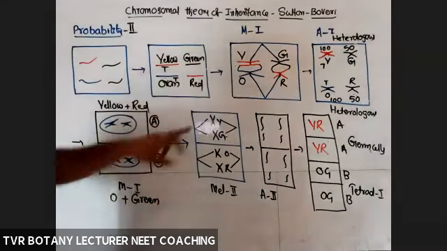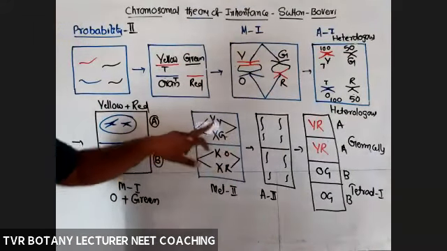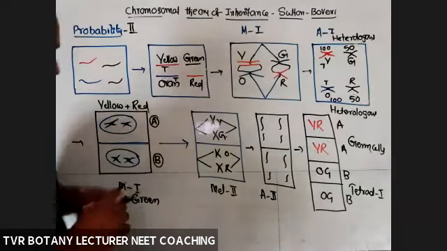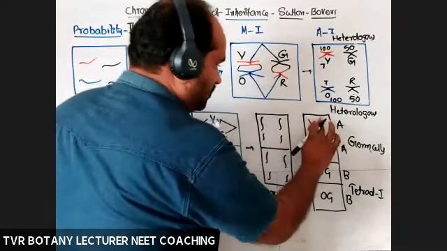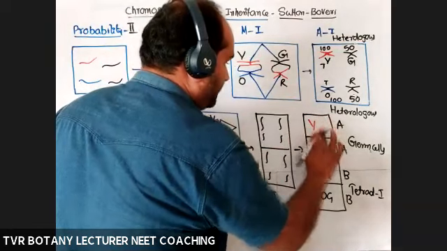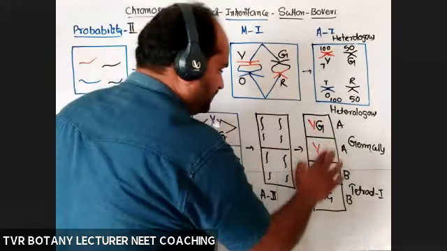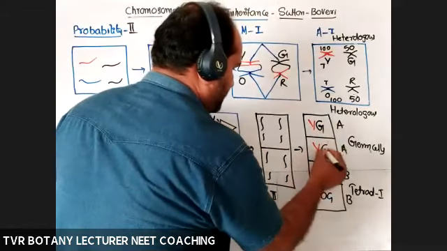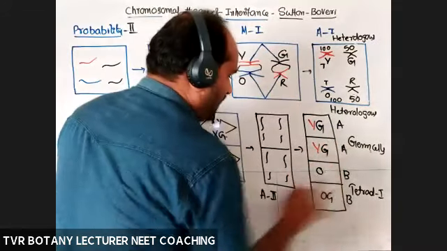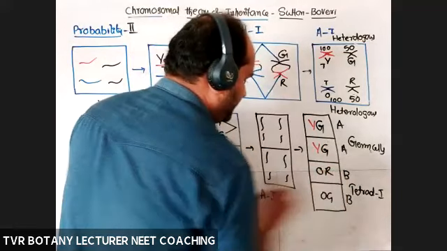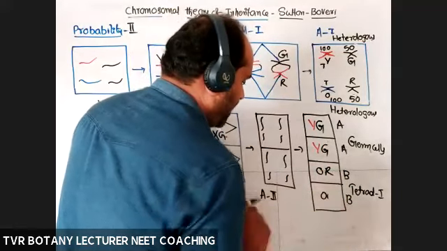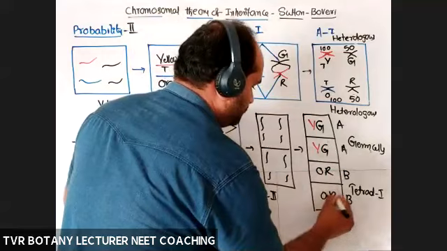Okay, now come back. So here, at the end, what about the chromosomes? Yellow with green segregated. Next, orange with red. Here also orange with red.